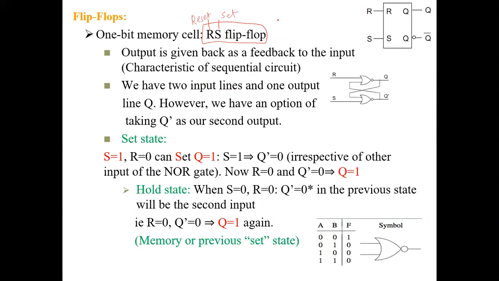Maybe because it is alphabetical: P, Q, R, S. Sometimes I see people calling it SR too, but I call it RS. So R is reset, S is set. This is called the RS flip-flop, or we call it the RS latch.